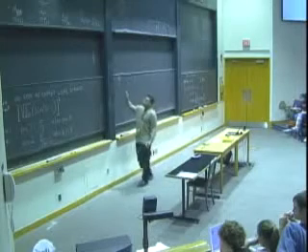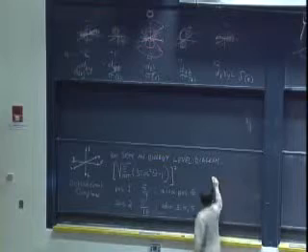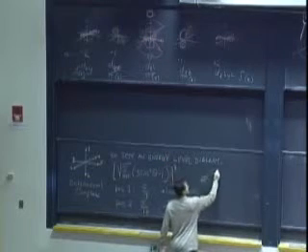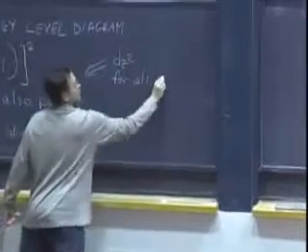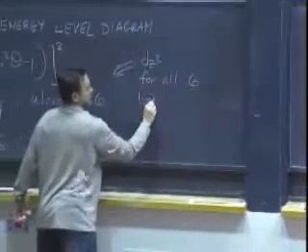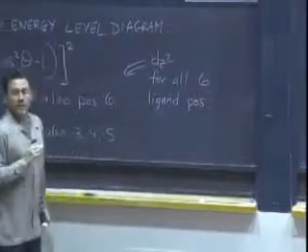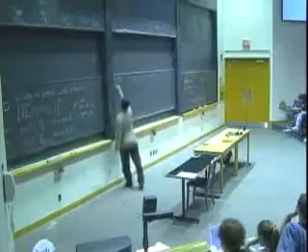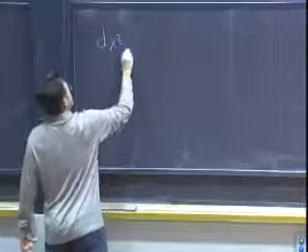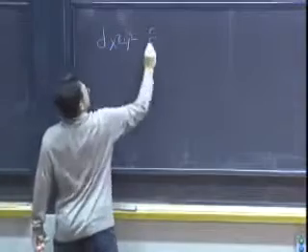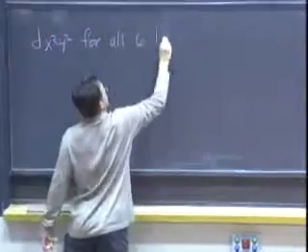Now next, so here we've done one of the d orbitals. This is dz squared for all 6 ligand positions. All right, and now let's do dx squared minus y squared for all 6 ligand positions.